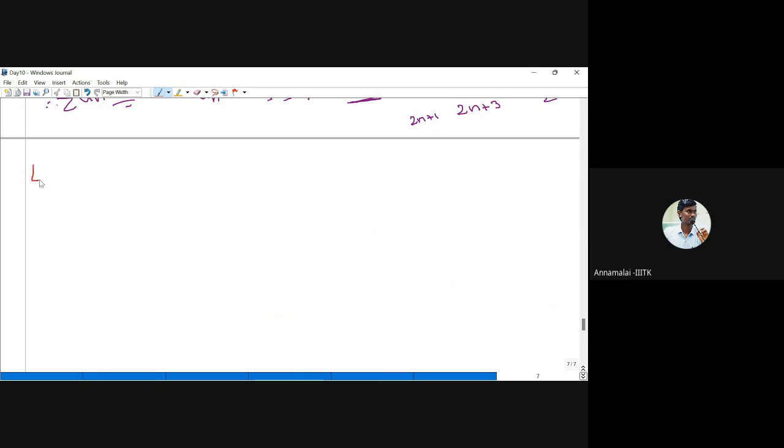Next exercise. Suppose we have a series like 1 plus x square by 2 plus x power 4 by 4, x power 6 by 6, and so on. Okay, can anyone tell me what is un? What is the nth term?